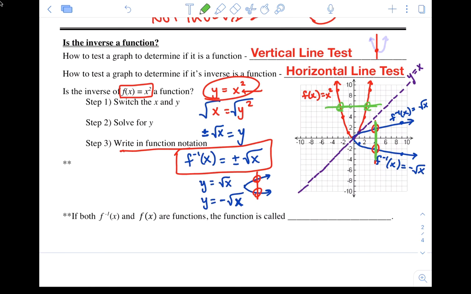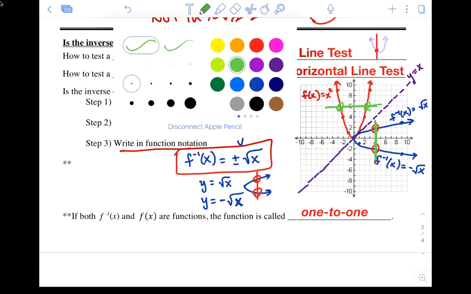Now, what's one extra little tidbit? If this were a function, if it passed the vertical and the horizontal line test, functions, both inverses and originals, if they're both functions, they're called one-to-one. Let me give you an example.